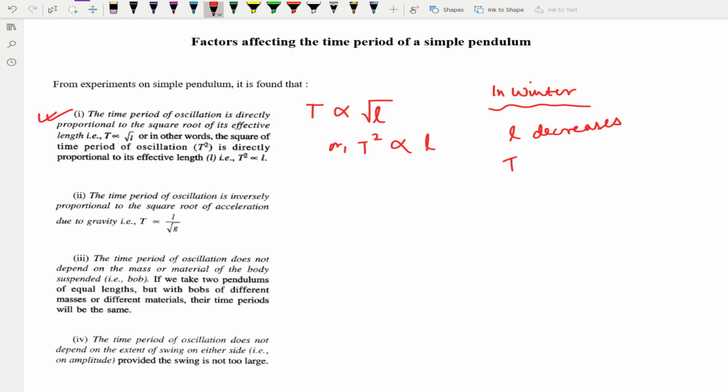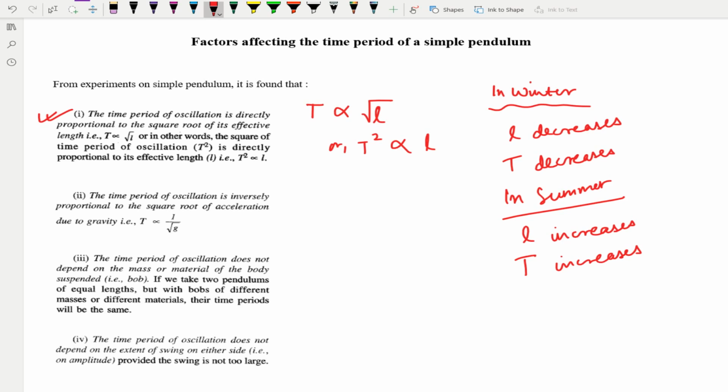So T will decrease because they are directly proportional, so the time period will shorten. And in summer, L increases, the effective length increases, so T increases.